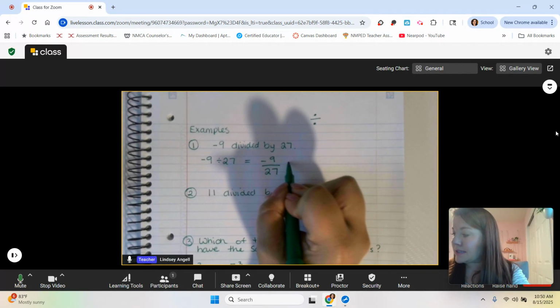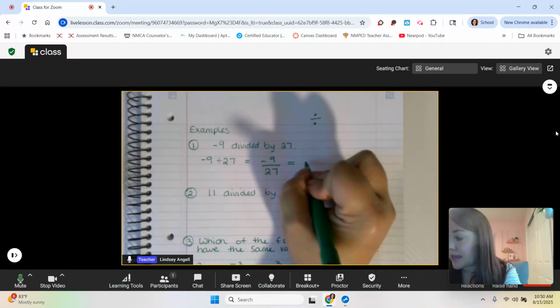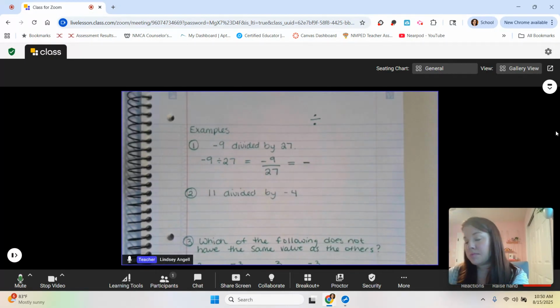So in this case, first thing we need to think is, okay, I have a fraction. 9 is less than 27, right? So I'm either going to have a decimal, or I could write it as a fraction. Another thing I need to see is that I have two different signs. I have a negative number and a positive number. So that means my answer is going to be negative, right? When our signs are different, the answer is negative. Okay? I'm just going to keep my answer as a fraction, and I'm pretty sure that's what they do in your quick check, if I remember correctly.